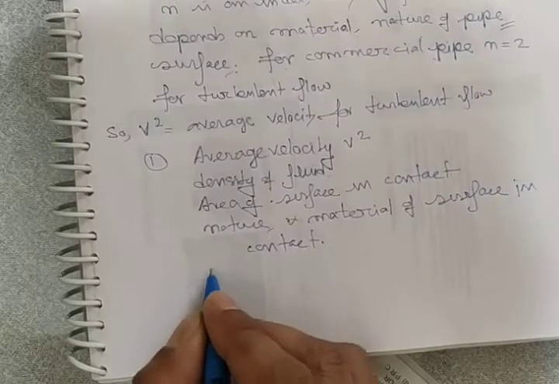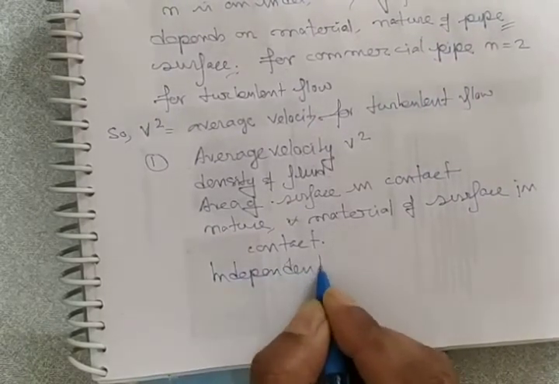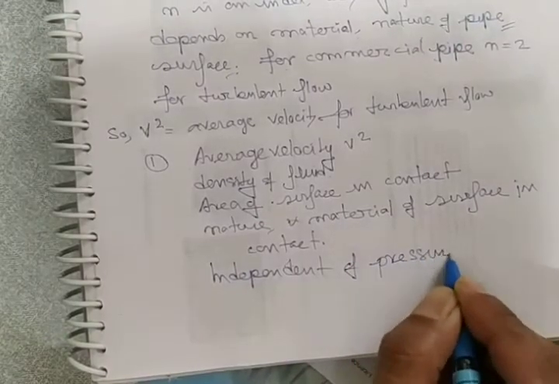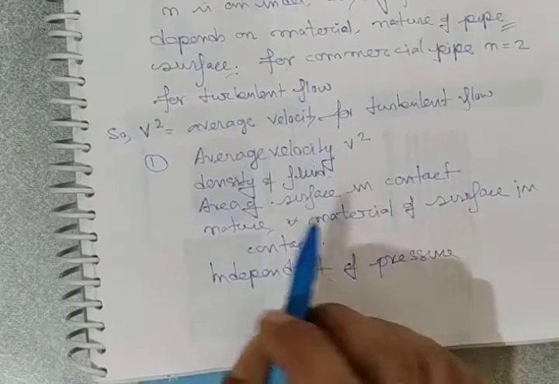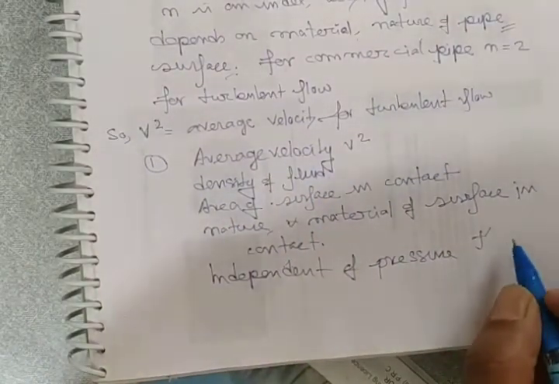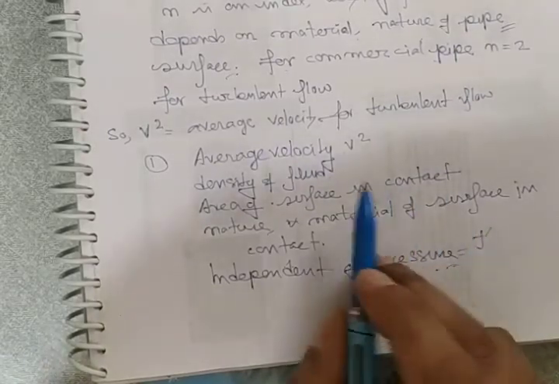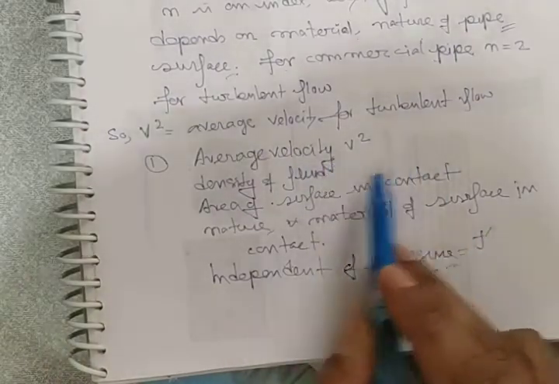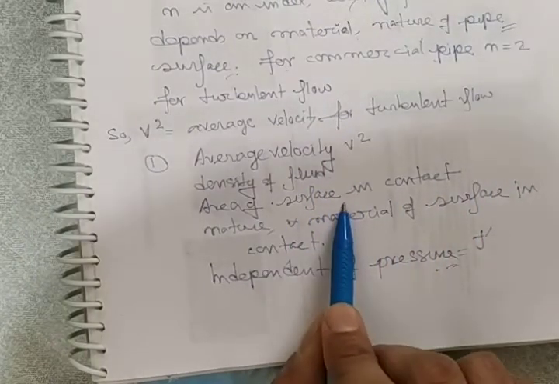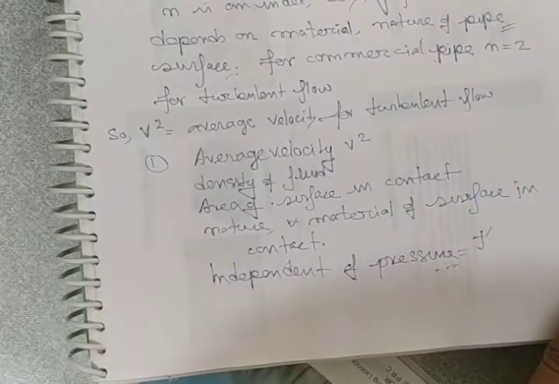It is independent of pressure. So your F dash, the frictional resistance, is independent of pressure. It depends upon velocity, density of the fluid, area of the surface, and nature and material of the surface in contact.